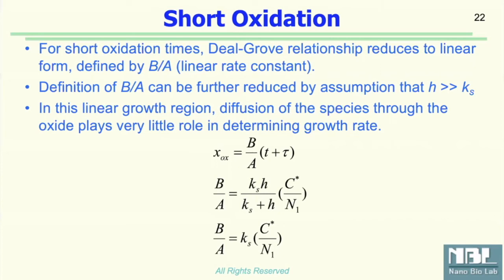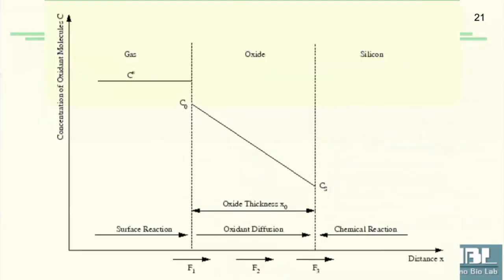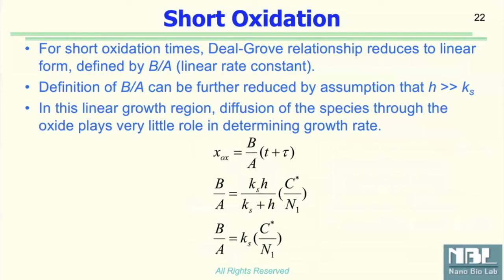Now, if you define B over A from this relationship, we can reduce it much further. And because we use H much greater than Ks, we get a linear growth regime, which means that short oxidation would have a linear growth of silicon dioxide thickness.